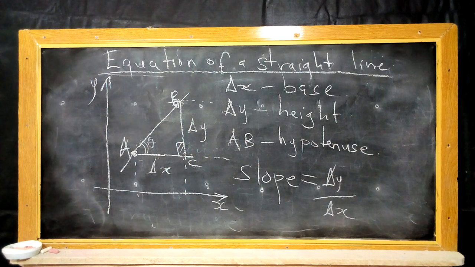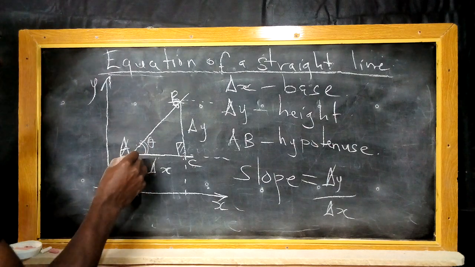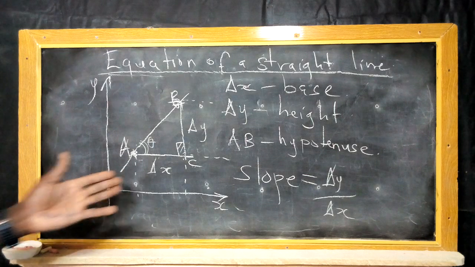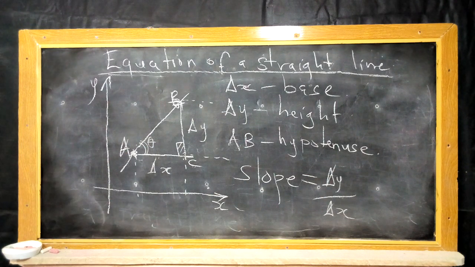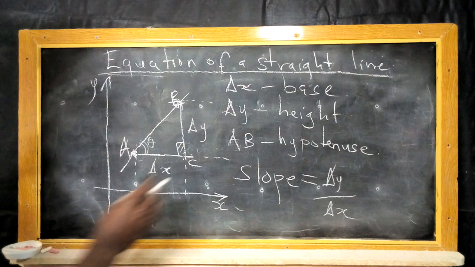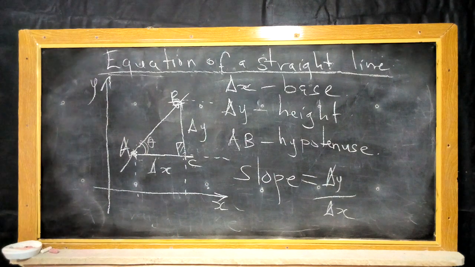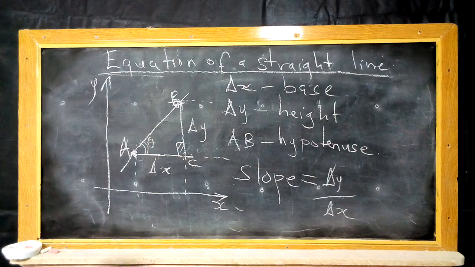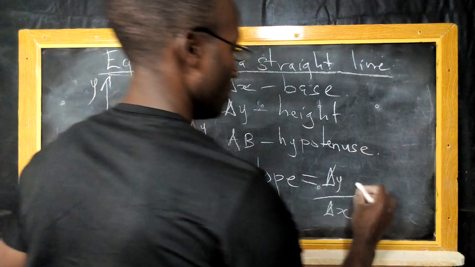So the relationship between point A and B, or the displacement in x and y direction, gives us a statement that equates the values of these properties of a right triangle. I've said that the slope is equivalent to the change in y over the change in x. Then there's an initial that we use to denote slope, which is m.